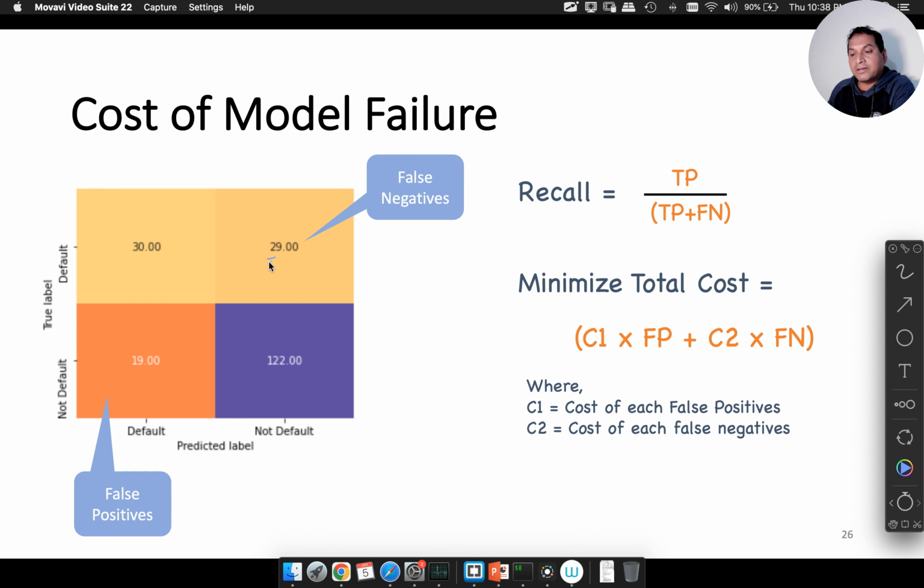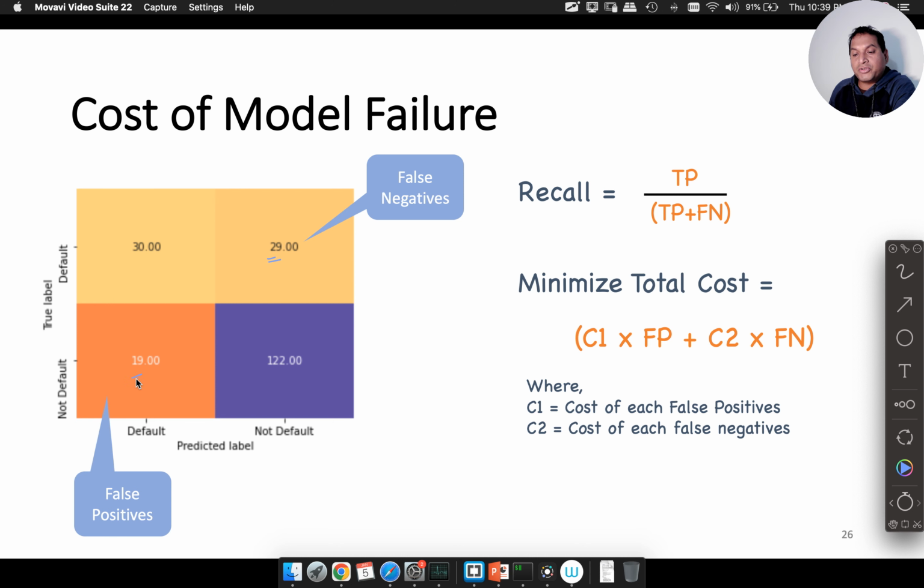Here a false negative means the model has predicted the customer will not default, but the customer actually defaults on the loan. So the cost associated with false negatives is very high. If the bank disburses the loan based on the model prediction, it can lose both the principal amount and the interest.